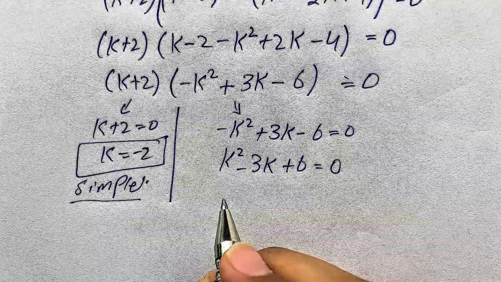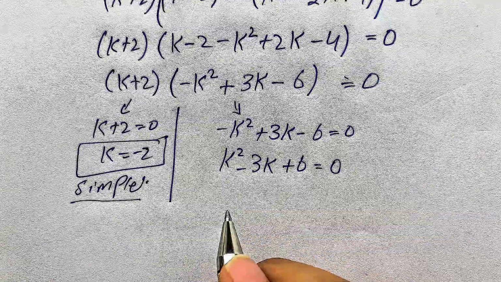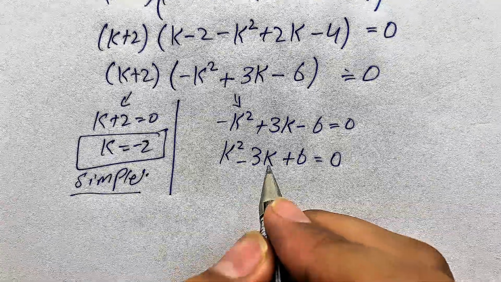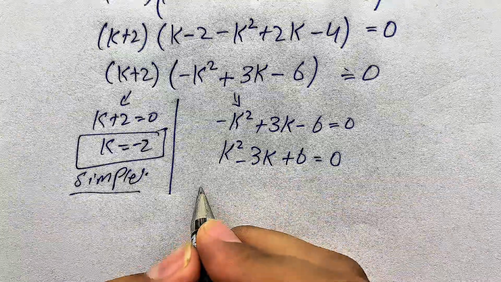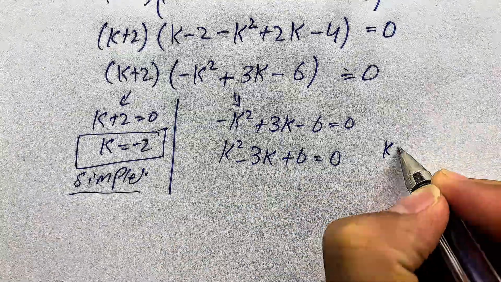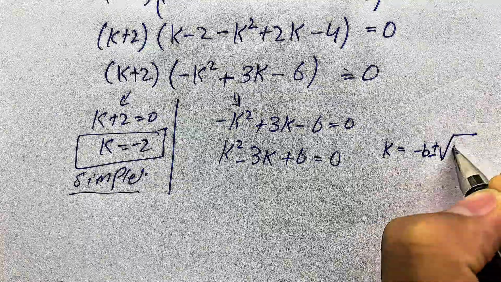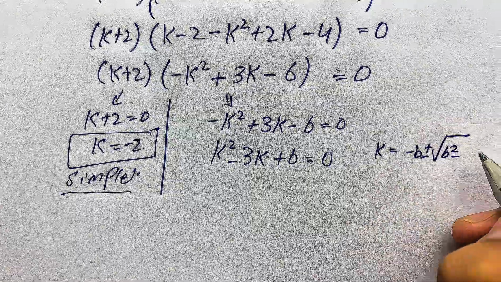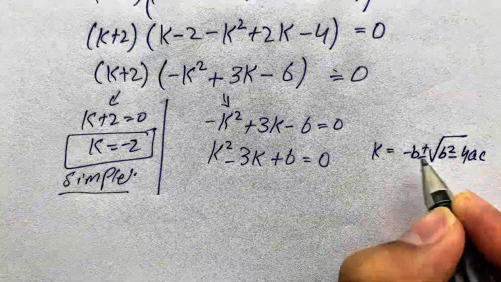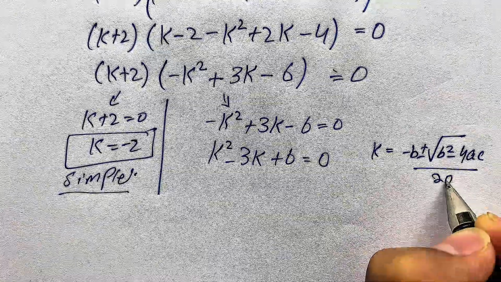Now k^2 - 3k + 6 = 0, and now we use this formula: k = (-b ± √(b^2 - 4ac)) / 2a.